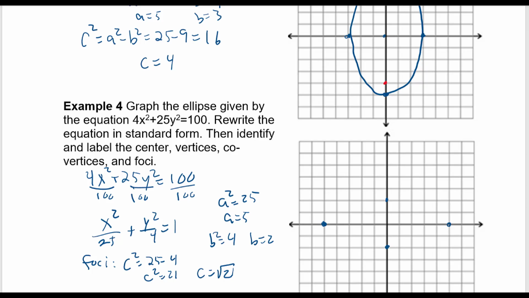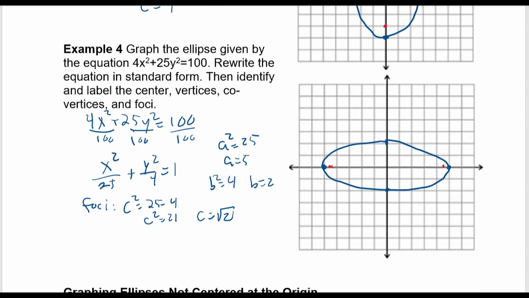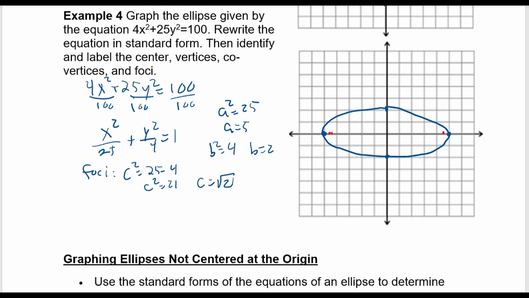Okay, so 4.58, I'll do those in red. It'll be right about there and there. And we draw our curve. That's it. Okay, the next video is going to be graphing when it's not at the origin.